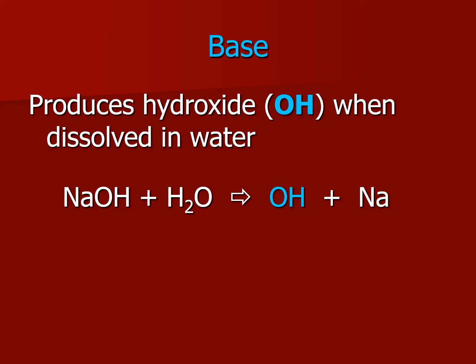So anyways, we've got our NaOH. We're going to dump that into water, so it's plus H2O. And sure enough, out on the right-hand side comes OH. So anytime you've got the OH on the right-hand side of the equation by itself, that means we've got our hydroxide, and that means whatever got thrown in the water on the left must be a base. Okay, all right, moving on.